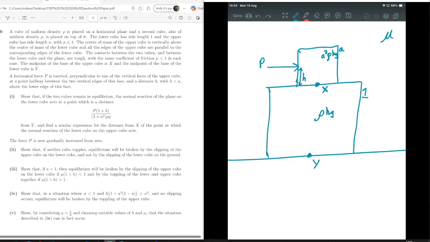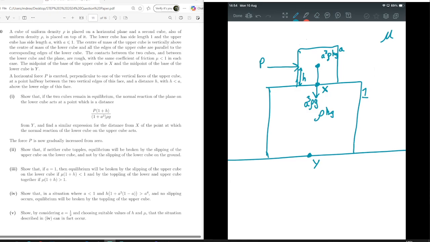Before I look to see what I actually want to do with the problem, I would like to add in all the other forces that are involved, and there are going to be quite a few extra forces. So we're going to have a weight of the upper cube, A cubed rho g.